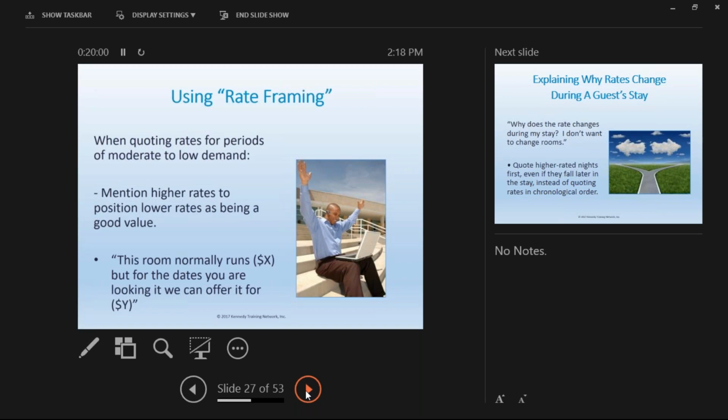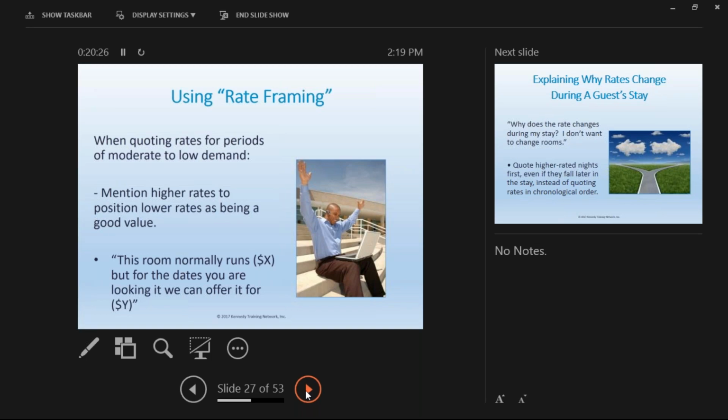So maybe you have A, B, C, D rates, that D is the slowest and lowest rate for slowest season, A is the top rate for special events. If you're quoting B or C, say our normal rate is 400, but for the dates you're coming, it's available for 350, all right? So this positions that lower rate as already being a good value.